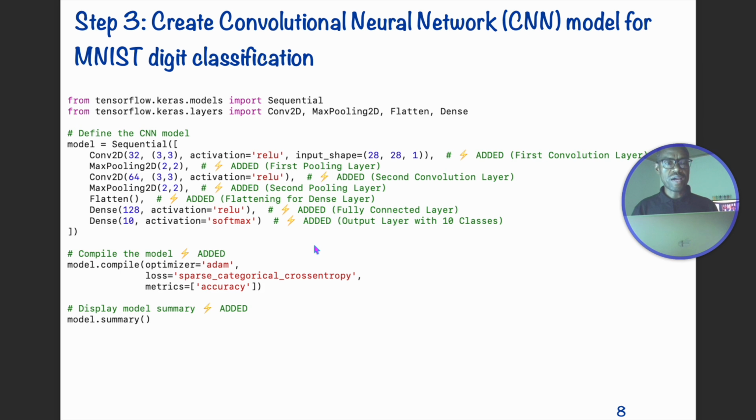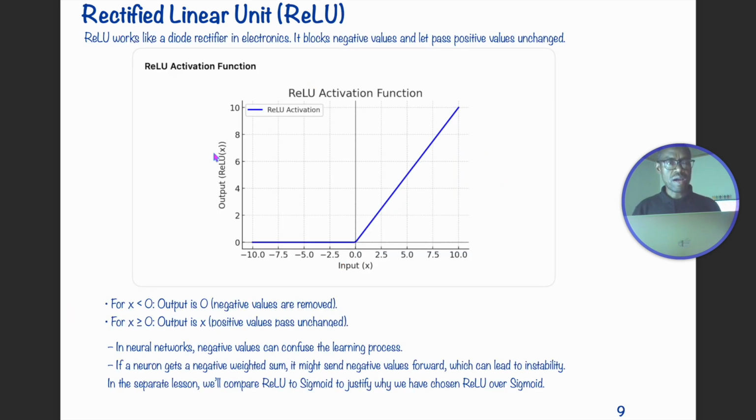This code has many keywords that we need to explain in detail in the following slides, like ReLU, softmax, Adam, sparse categorical cross entropy, and accuracy. In this code, we started by defining how we want our model to be. Then we compile it. Then we display the summary. So let's start with ReLU.